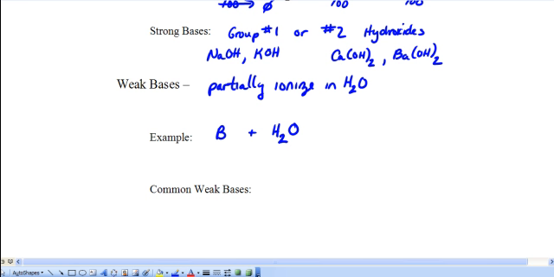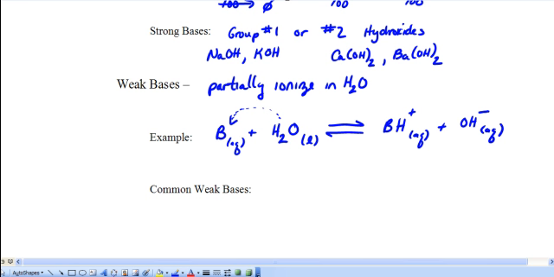Alright? We'll say this is AQ, this is a liquid. Because this is a base, it's going to accept a hydrogen from the water. And so what you're left with, and we're going to say that this is in equilibrium, is a base that has the extra hydrogen attached to it, which includes that positive charge. And in terms of the water, it's lost its hydrogen, so now it's a hydroxide ion.